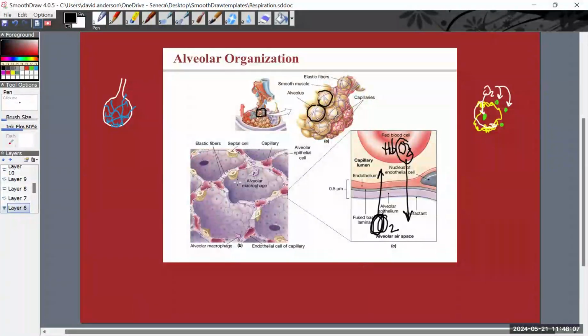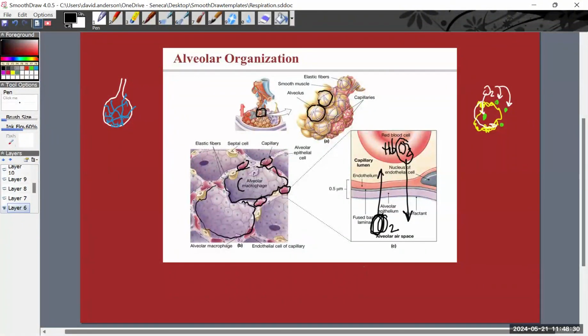Okay, this picture shows us an alveolus. This whole picture out here is one alveolus and another one right beside it. This represents the blood vessels, how close they are, right? All the branching that we described over there. So lots of surface area for exchange to occur.